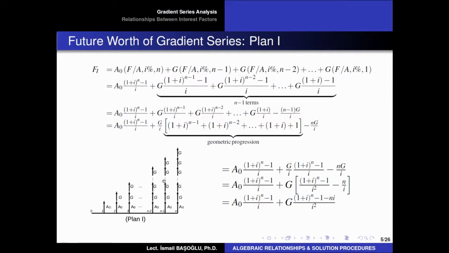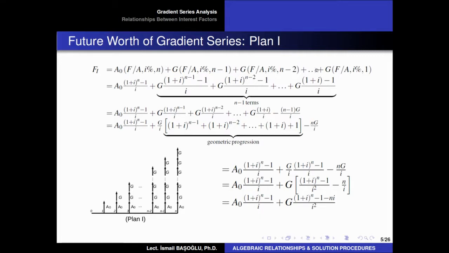For the third step here, we have another uniform series which consists of n-2 years. So we are going to assume that the second year is year 0, the third year is year 1. Therefore, the nth year is going to be year n-2 for this uniform series. So we are going to multiply G with, again, the uniform series compound amount factor F over A under i% interest rate for n-2 years.